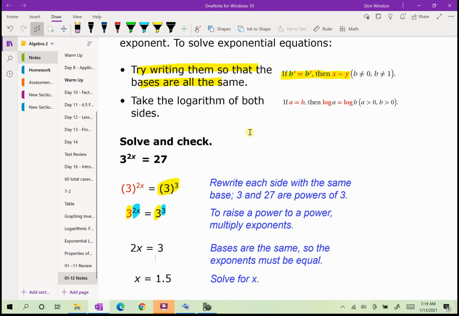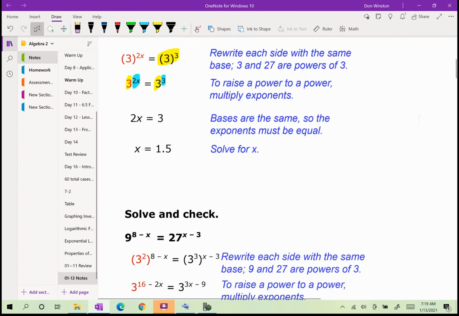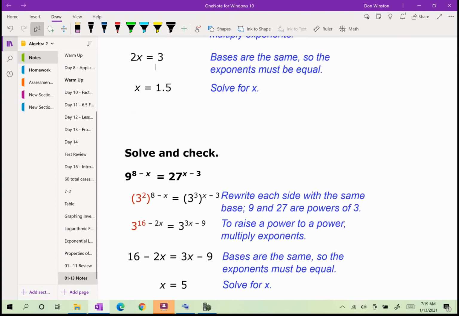Let's look at another example. Here, solve and check. Notice I have 9 as one base and 27 as another base. I recognize that I can write 9 and 27 in base 3. Now 9 is 3 squared, and 27 is 3 to the third. So I have found a common base. All we have left to do is distribute, or multiply, the exponents.